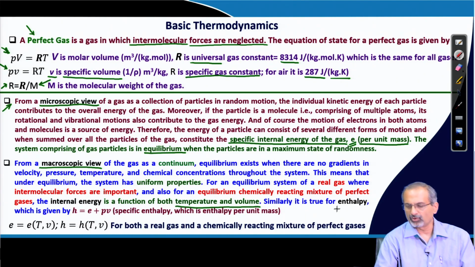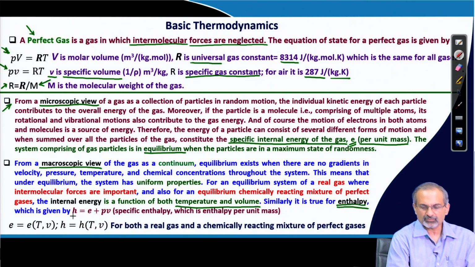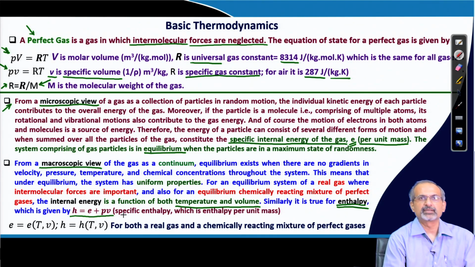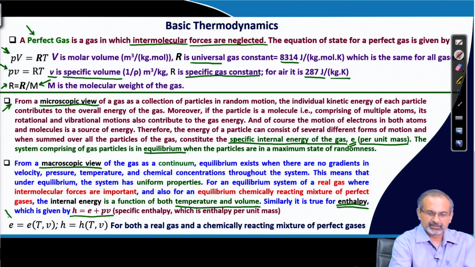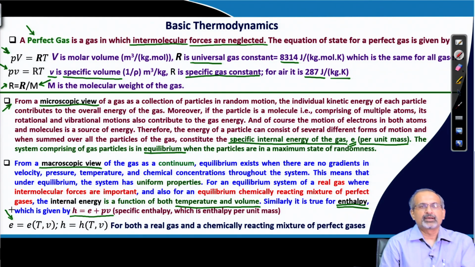It is true even for another important thermodynamic property, enthalpy, which when stated in specific terms, that means specific enthalpy, which is enthalpy per unit mass, is the sum of the internal energy and the product of pressure times specific volume. So, we have represented that fact in the last line here as e being a function of T and v, and so is h, both for a real gas and a chemically reacting mixture of perfect gases.